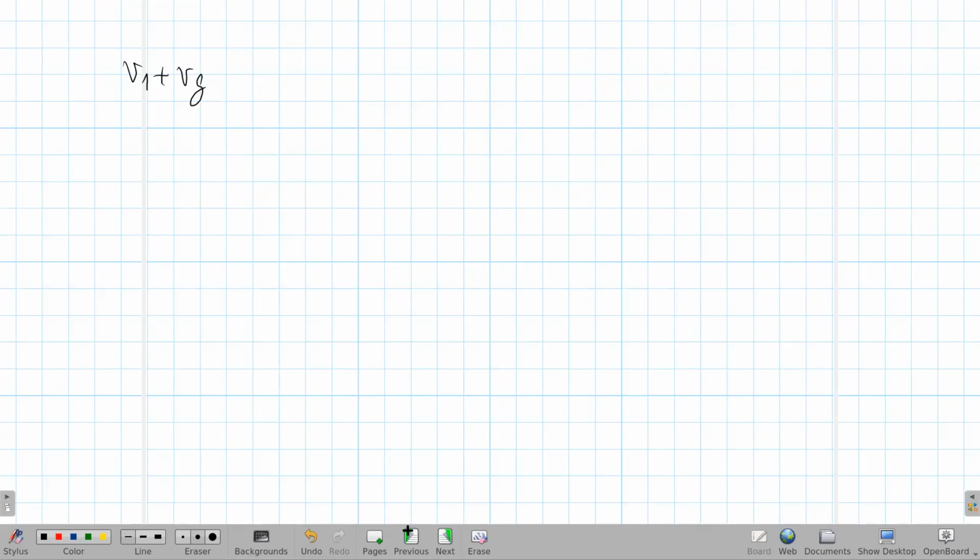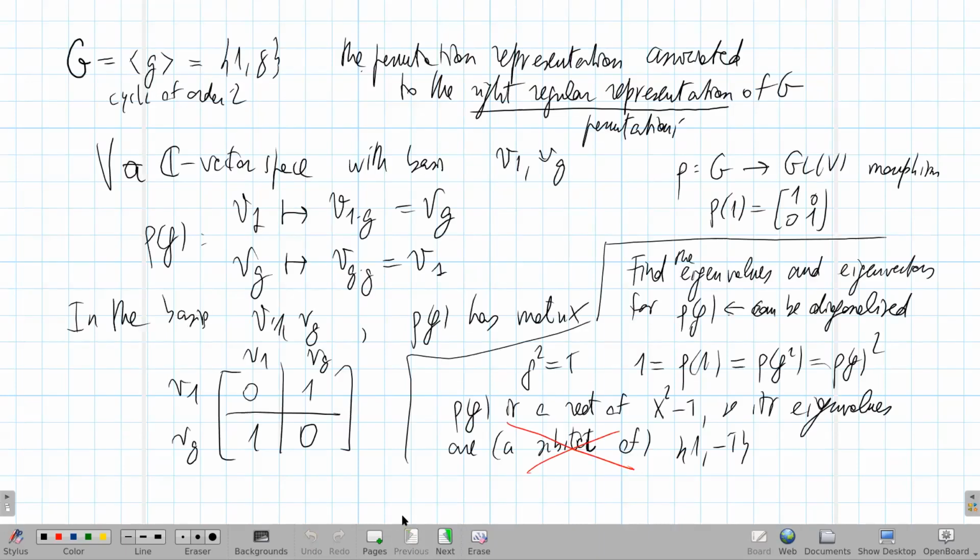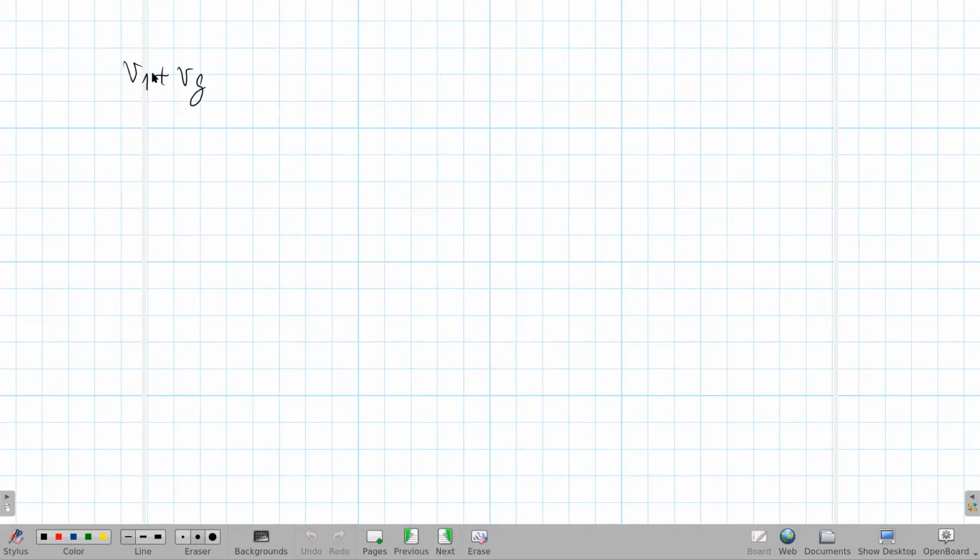And you see, since what rho g does is exchange V1 and Vg, if you take the sum, of course, this is fixed, because when you apply rho g, this is a linear map. So it's V1 rho g plus Vg rho g.